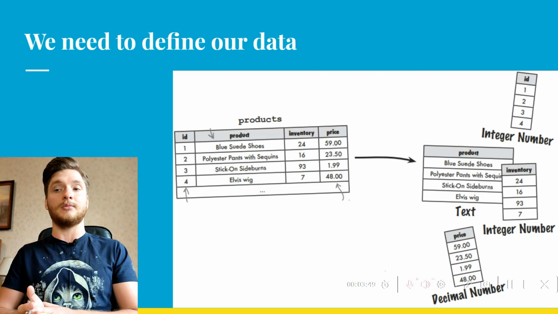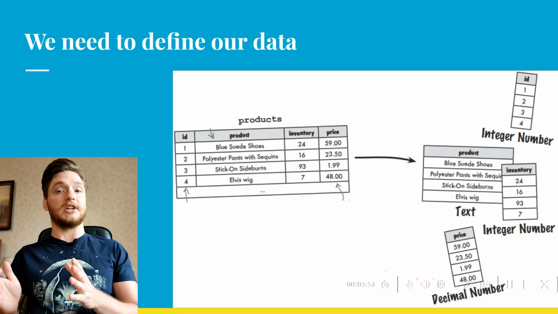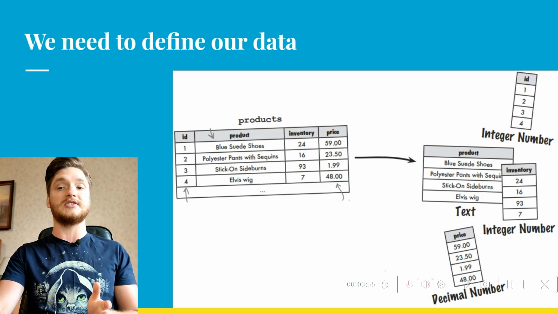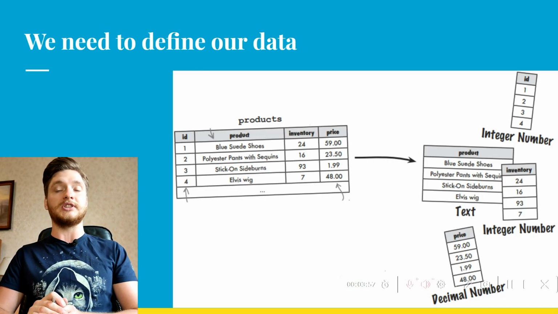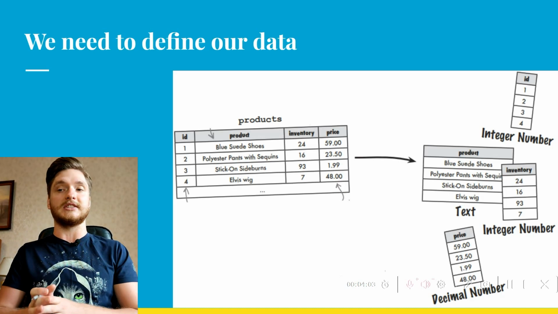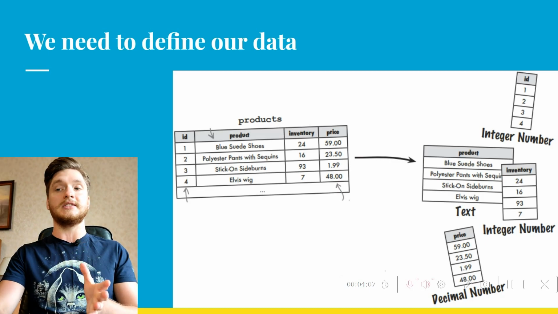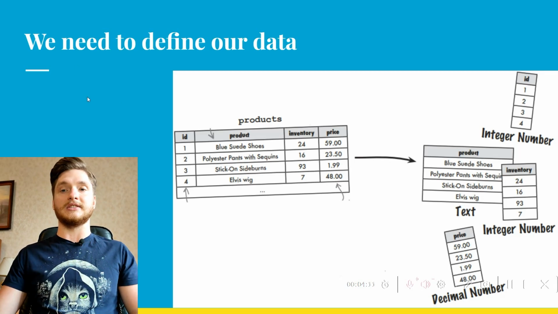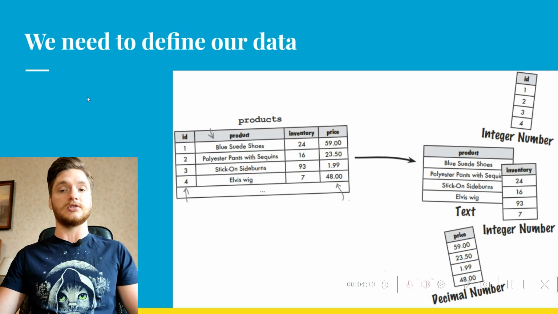Let's suppose Elmer has a table named products that keeps track of the items for sale at his store. This column contains a text description of each product. In Elmer's store, the inventory column contains an integer value of how many of each item are in stock. The ID column contains unique ID values for each product.